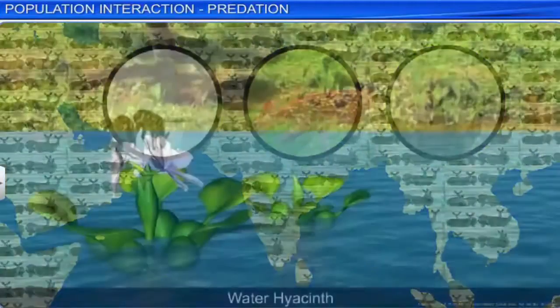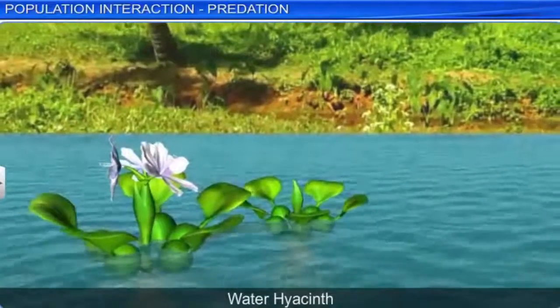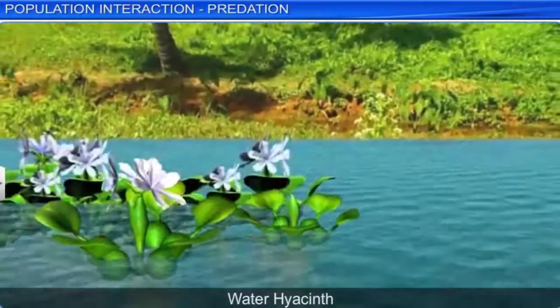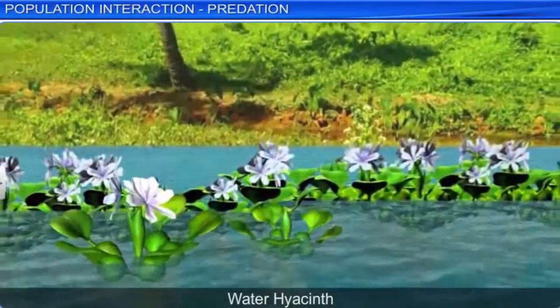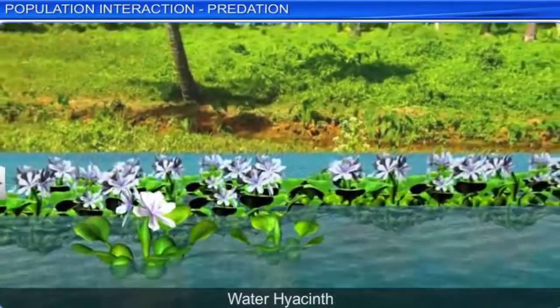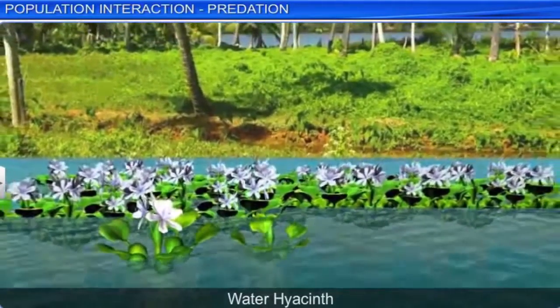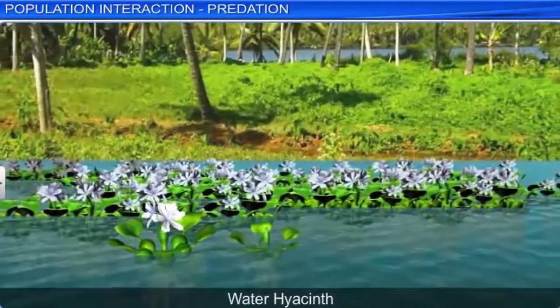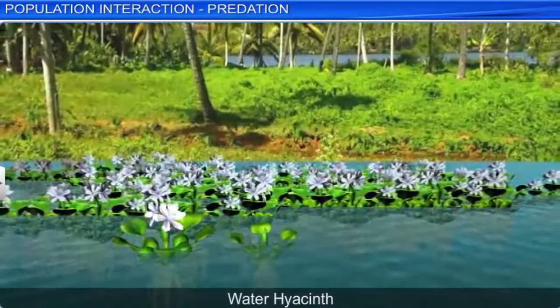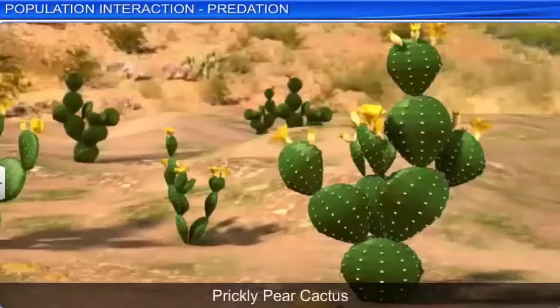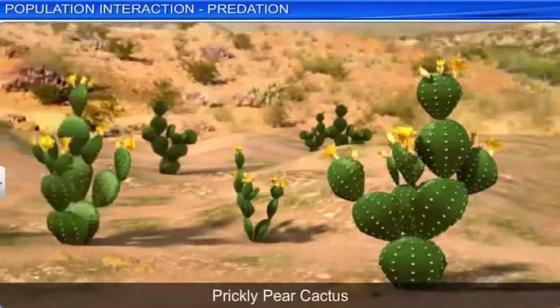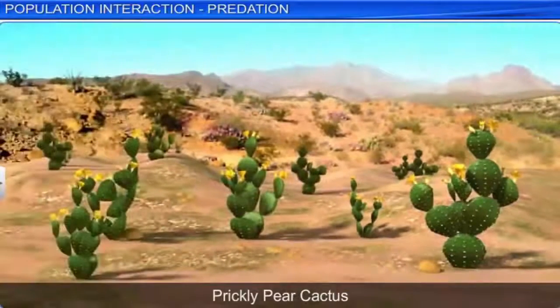For example, due to the absence of natural predators in a specific geographical area, the introduction of an exotic species such as the water hyacinth causes it to grow and spread fast and wide. For example, the introduction of a prickly pear cactus into Australia in the early 1920s created havoc as this plant spread rapidly into millions of hectares of rangeland.